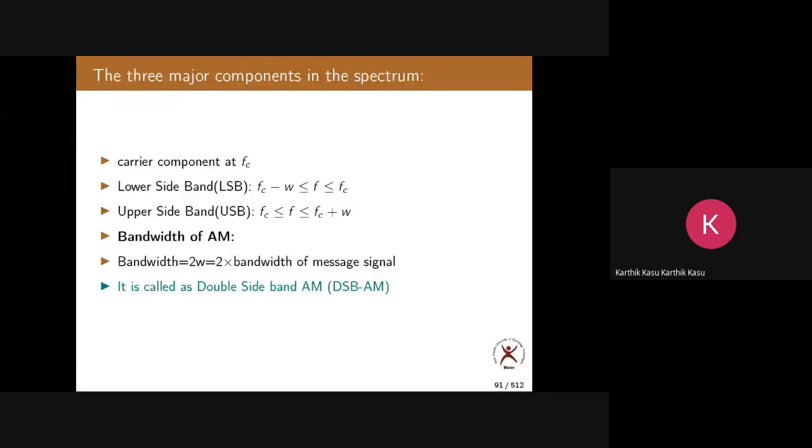So you can call it AM, but remember that it has two sidebands. Now the three important components of the spectrum are upper sideband, lower sideband, and the carrier. And the bandwidth is 2W, that is twice the bandwidth of your message signal.